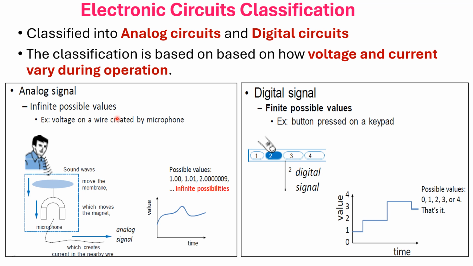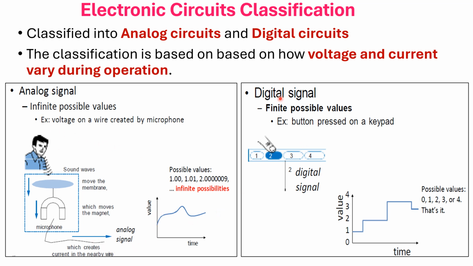What do I mean by infinite possible values? Look at this voltage. You can represent this voltage at each and every instant of time based on how you take the reading. For example, I can represent the values from 1 to 2 as 1.01, 1.02, 1.03, 1.04. So you can have an infinite number of values based on the scaling you take. This is an analog signal.